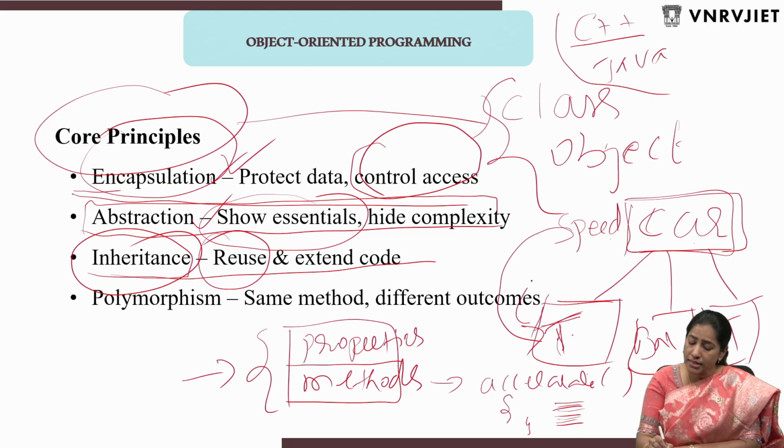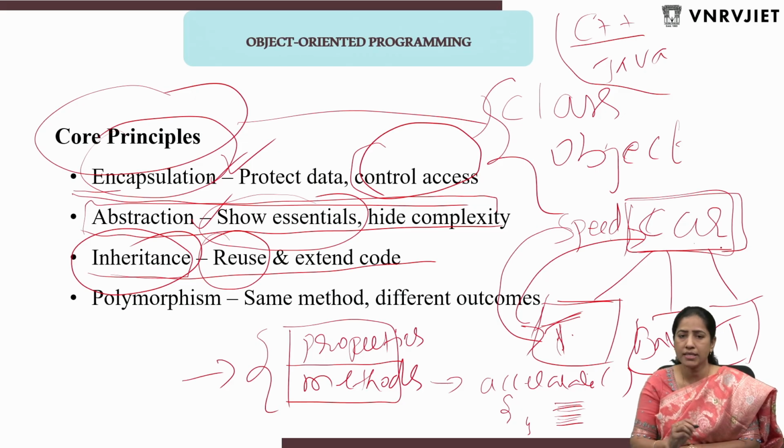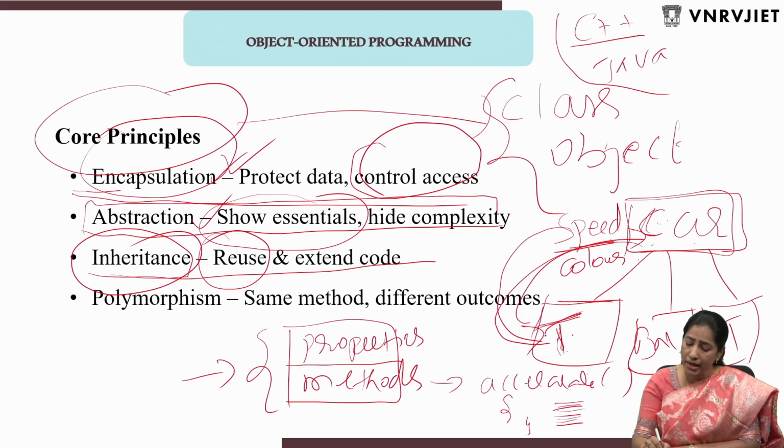Toyota can be a subclass of the car class. Car is the base class, Toyota is a derived class. So Toyota has the advantage of using the car properties like speed, color and others, and the methods also, start engine, stop engine, accelerate, brake, can all be used by Toyota.